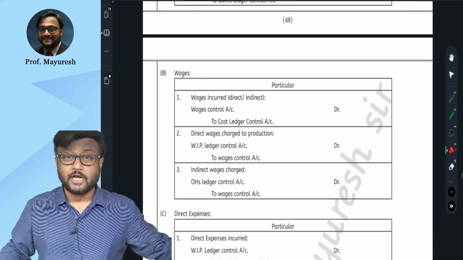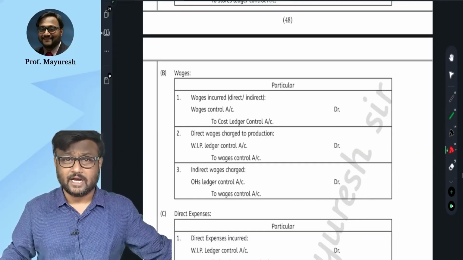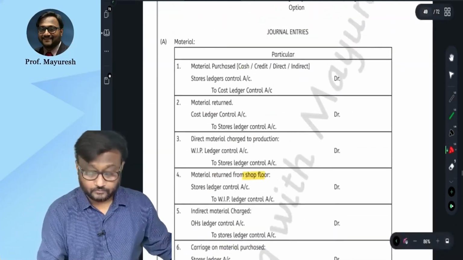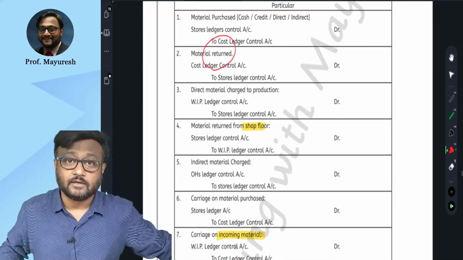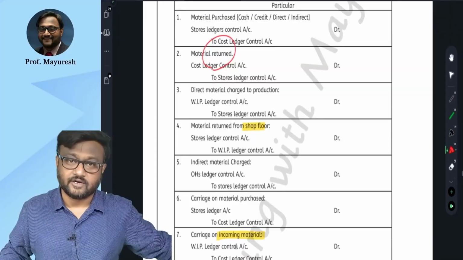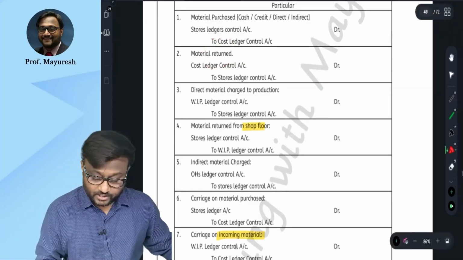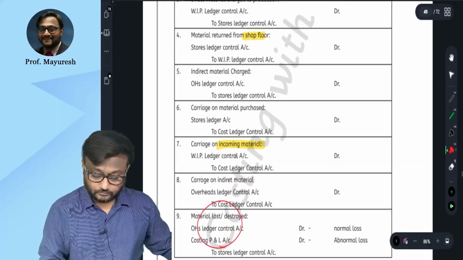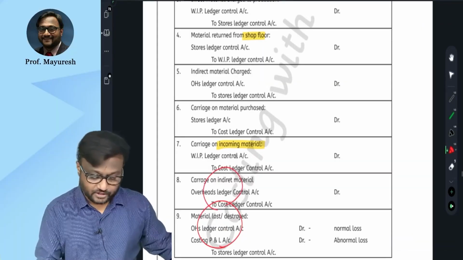But sir, in material हमने इतने सारे entries किए, लेबर में तूने इतना ही किया, तेरे को आता नहीं है क्या बाकी का? देख लो. Material returned was the second entry. Can there be entry for wages returned? कोई करता है क्या wages return? नहीं. Wages destroyed. Transportation of wages.